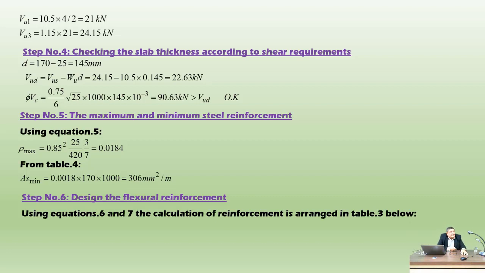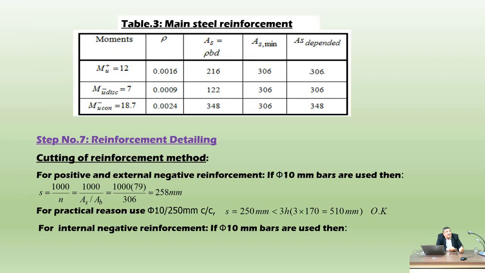Step number 6, design the flexural reinforcement. Using equations 6 and 7, the calculation of reinforcement is arranged in table 3 below. This table shows the values of rho and AS, rho times b times d, for MU plus, MU minus for discontinuous edge, and MU minus for continuous edge.